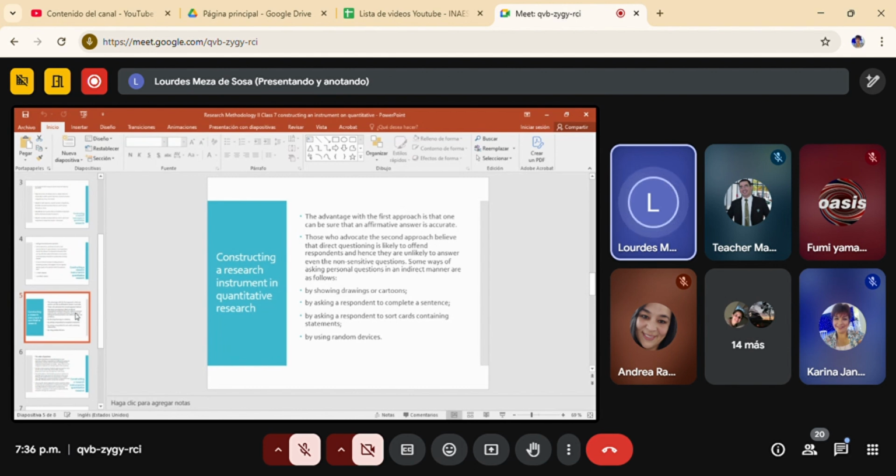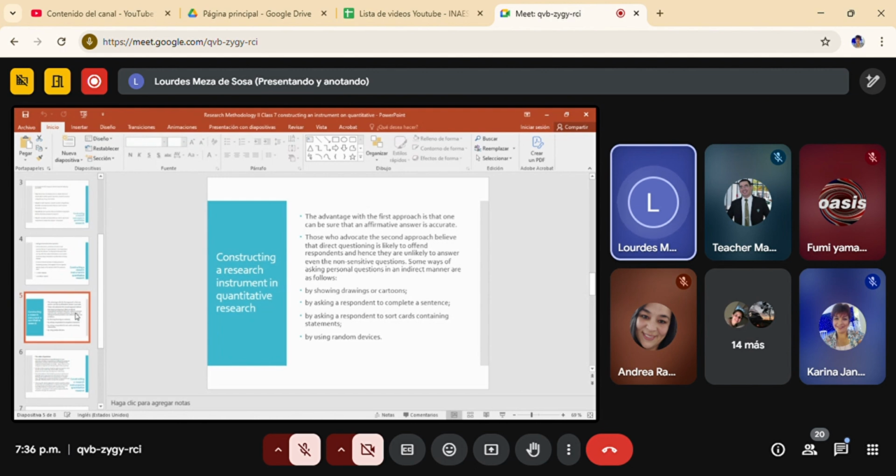But of course, like everything, you have an advantage and a disadvantage. So some ways of asking personal questions in an indirect manner, for example, showing drawings or cartoons, right? Or by asking a respondent to complete a sentence. I have never done, and he will answer that. What has he never done? Or by asking a respondent to sort cards containing statements, right?